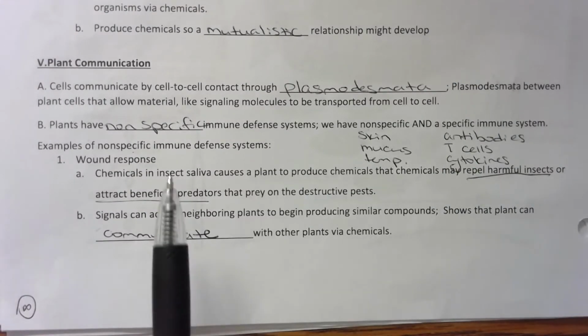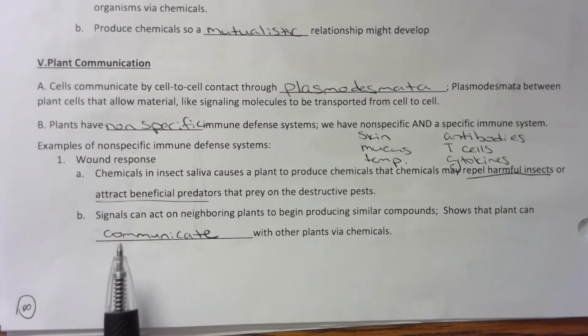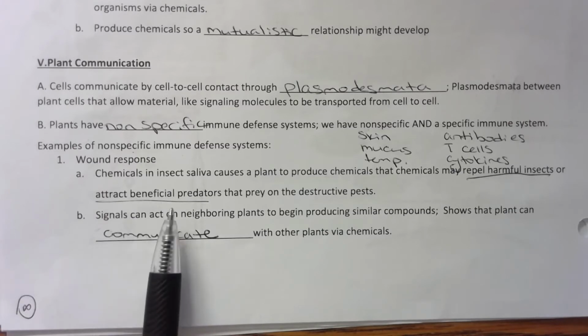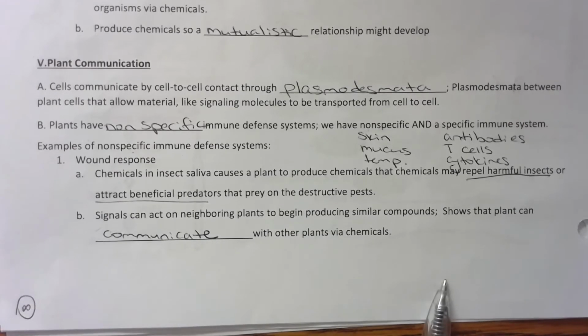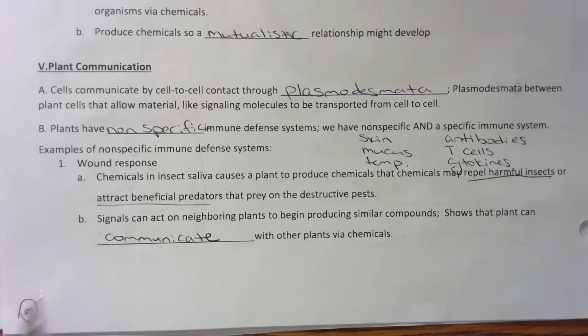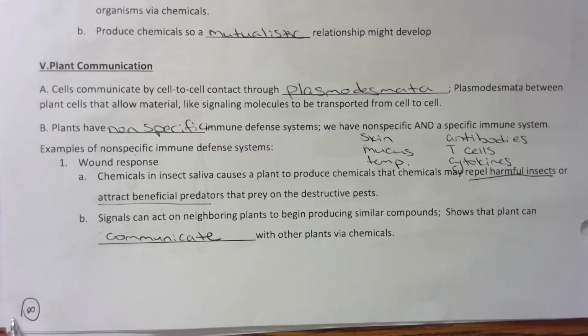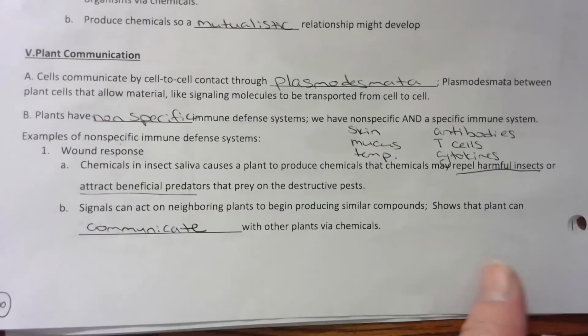And what's interesting is sometimes a plant can release a chemical, and if another plant near it senses it, then it will also start producing that chemical as well. So if that's a chemical that will repel a certain insect, then another plant can start doing that as well, which is really weird.